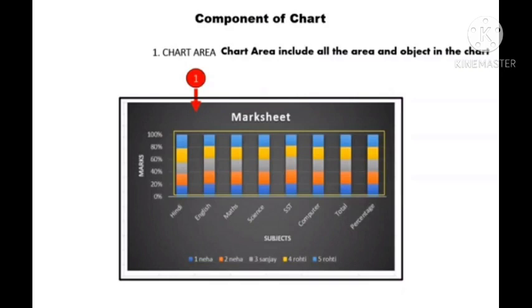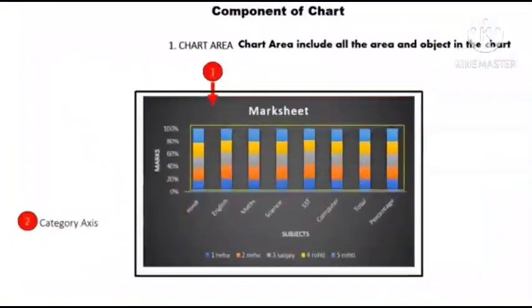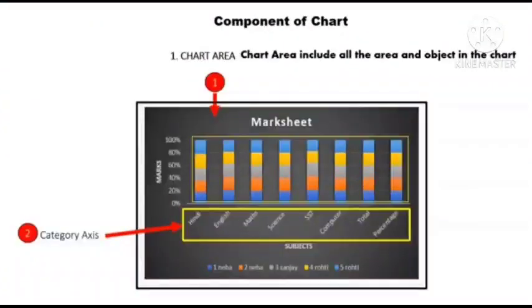Now next we are going to see the second component of the chart. It is the category axis. Over here you can see the category axis, children. It is marked with an arrow and also highlighted.